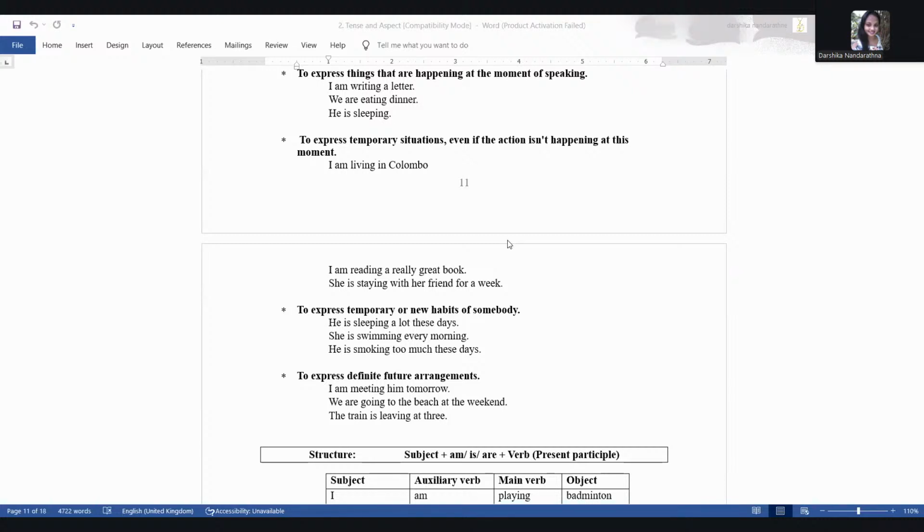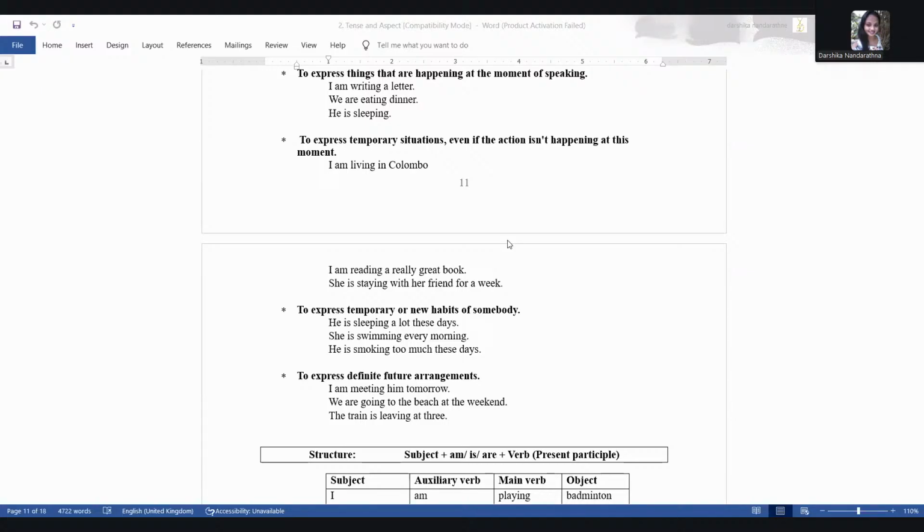To talk about temporary or new habits of someone, we use present continuous tense. In addition to that, Pute, we can use this tense to talk about definite future arrangements. If an action belongs to the future, we use future tense to talk about that action.